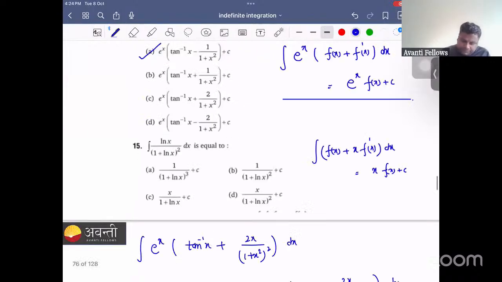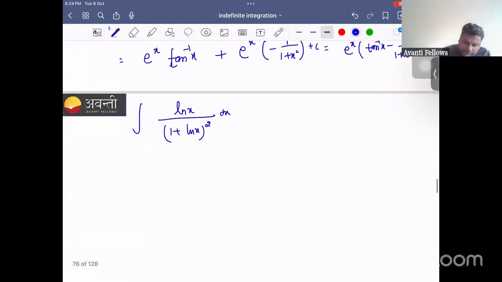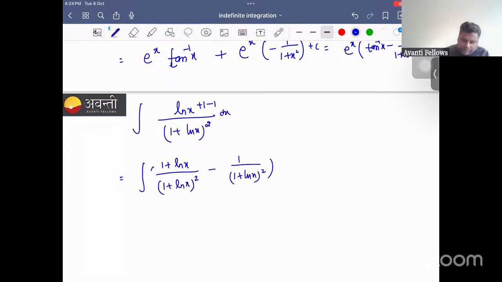Yes. Now see, I add 1 to it and subtract 1. So if I split it, it is (1 plus ln x) upon (1 plus ln x) whole square minus 1 upon (1 plus ln x) whole square dx. So that is 1 upon (1 plus ln x) minus 1 upon (1 plus ln x) whole square dx.